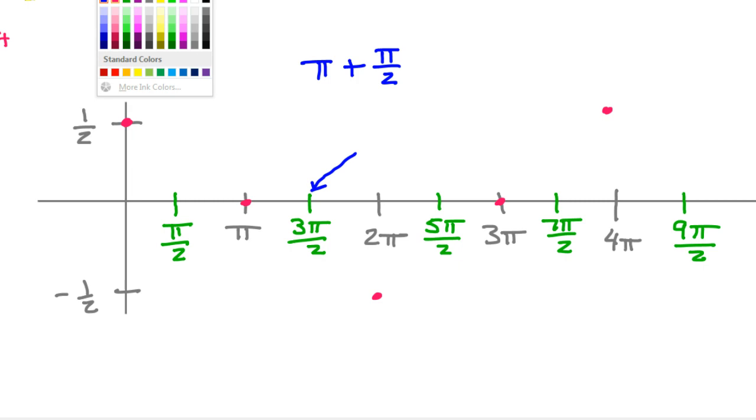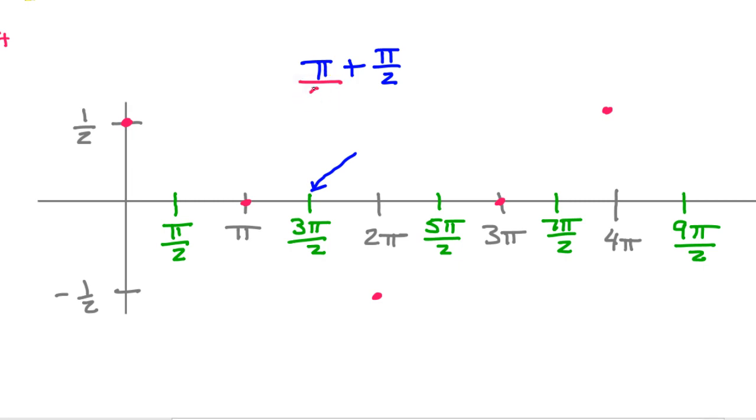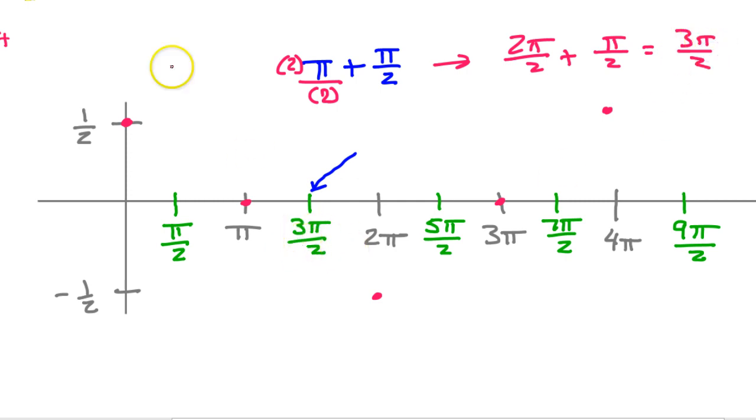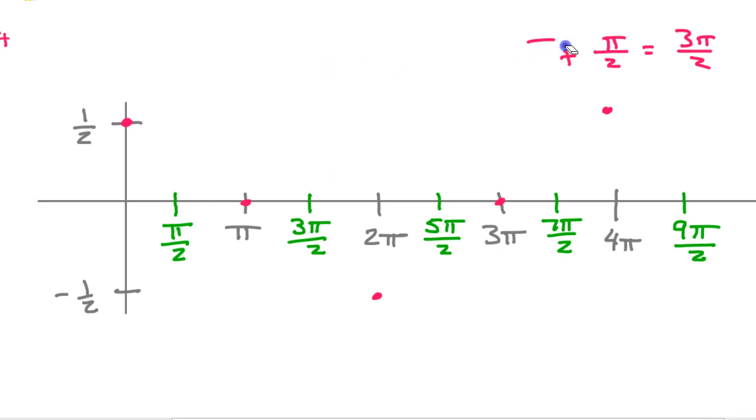Well, I would need like denominators, right? So I would multiply this by 2, and that would give me 2 pi over 2 plus 1 pi over 2, which is 3 pi over 2. And so that's another way I could have gotten 3 pi over 2. Now for me, the counting thing that I did at first is much faster. So you decide how you want to do that.